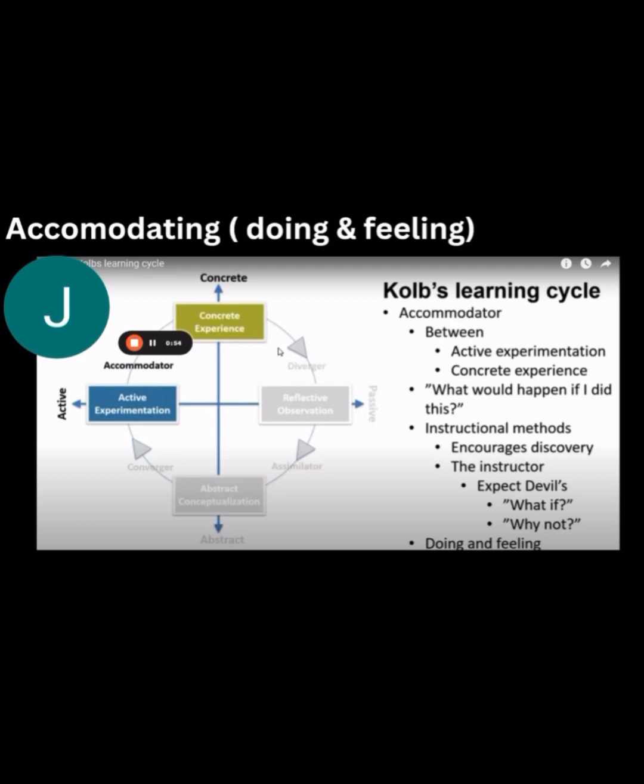As you can see on the screen, the accommodating learning style is placed between two different concepts. The first one is active experimentation, and the second one is concrete experience. We can say that active experimentation in an educational environment is when students use new theories, new research, new concepts to make decisions and solve problems.